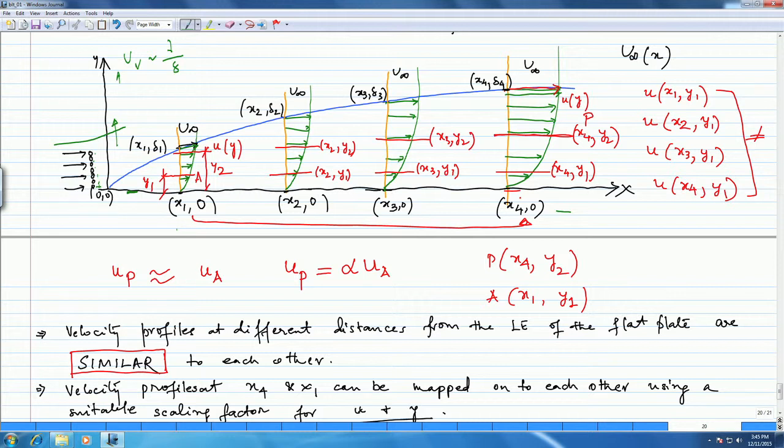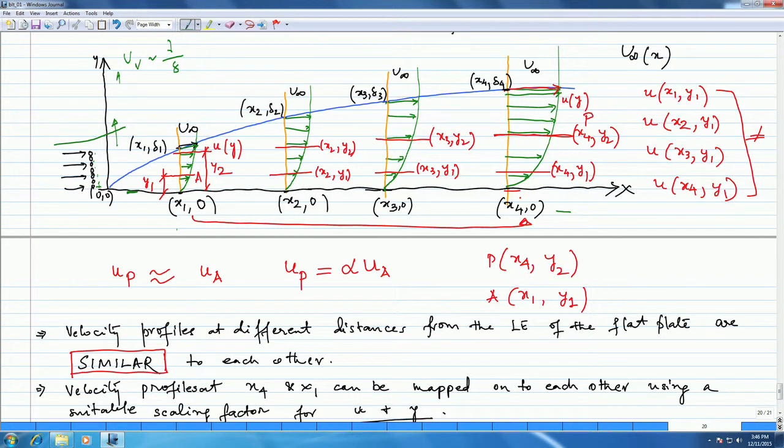And during this time that it takes to go from 0 to x3, some particles have also moved away from the wall because of the momentum transport, because the viscosity transports some momentum away from itself in the y direction. So these two things are happening at the same time. I think that makes sense.